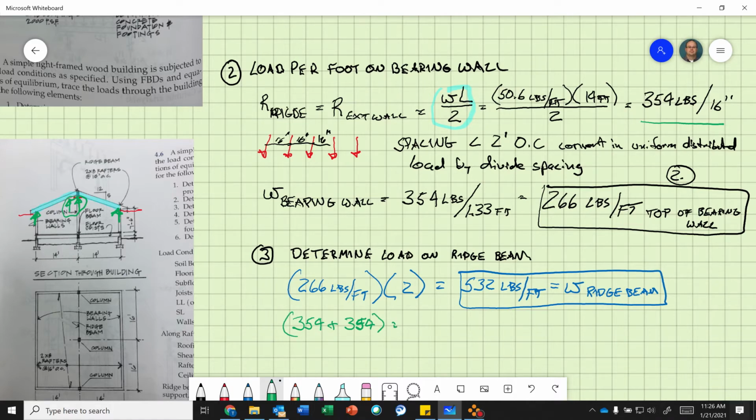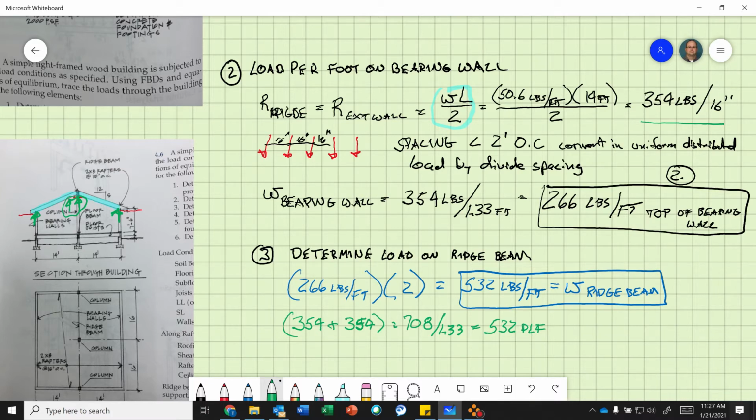So every 16 inches, there's 354 times 2, 708 pounds of point load on that ridge board. And then I divide that by my spacing, and I should get the same answer. 532 pounds per foot. Same thing. PLF means pounds per linear foot.